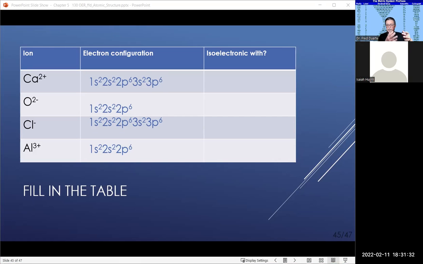Notice that for all of them, the valence shell would have 8 electrons. Calcium 2+ has 8 valence electrons in the third energy level. Oxide has 8 in the second energy level. Chloride, 8 in the third energy level. And aluminum has 8 electrons in the second energy level.